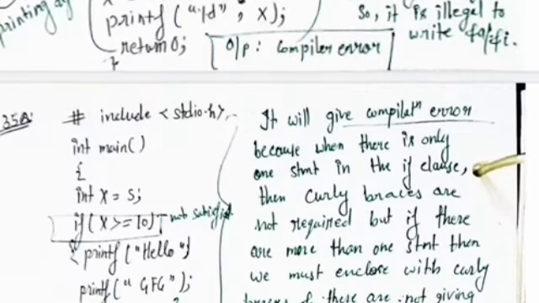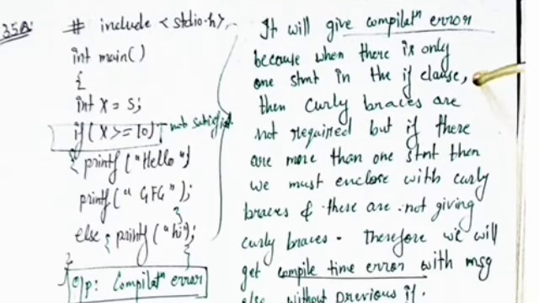Now come to the next question. Question number 35. Here the line of code is given like this, starting from the main function, and we find only the output of this program. The output of this program is compile time error. Why? Firstly we see that here the value of x equal to 5.